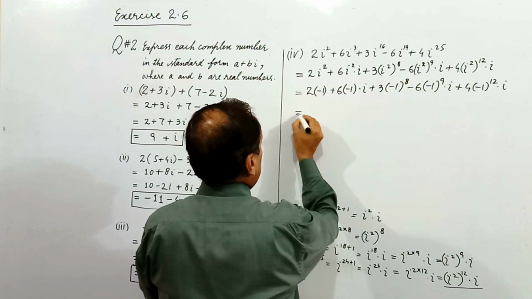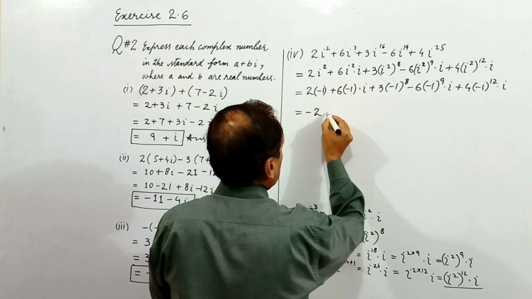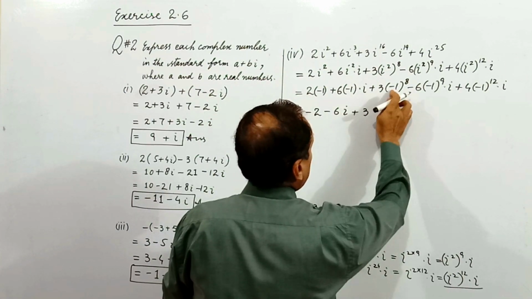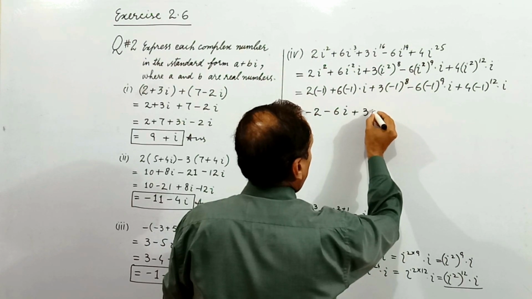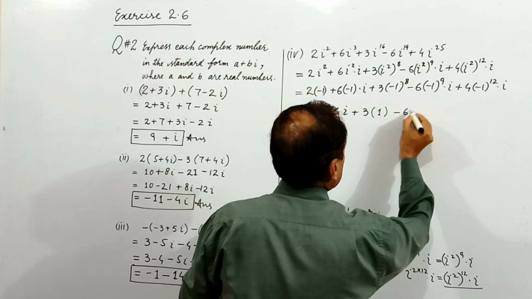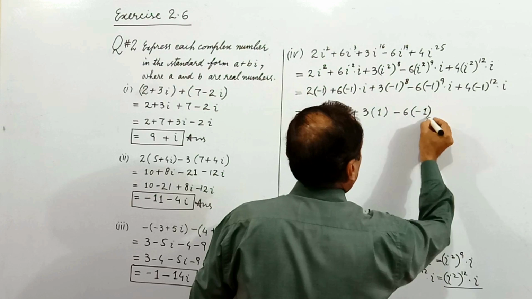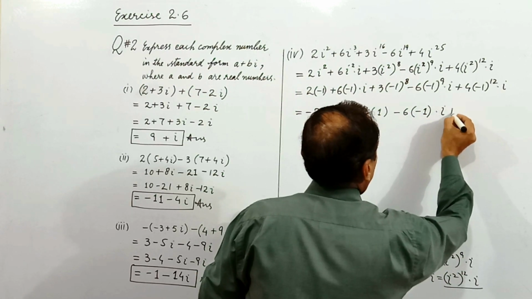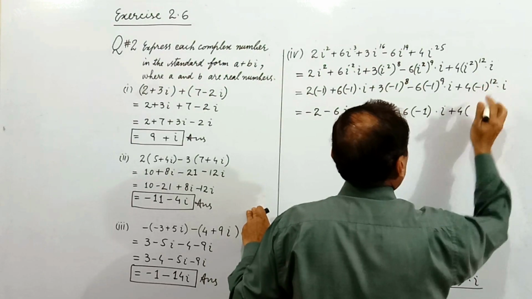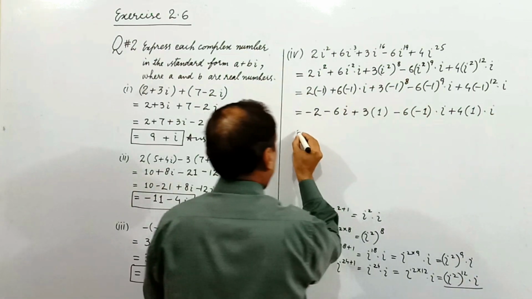Now simplify it. Plus into minus is minus, so minus 2, plus into minus is minus, so minus 6 iota, plus 3. A negative number having an even power will become positive, so we write only 1 over here. Minus 6, a negative number having an odd power remains negative, so we write minus 1 inside the bracket. Plus 4, minus 1 with an even power becomes positive, so we write plus 1 dot iota.